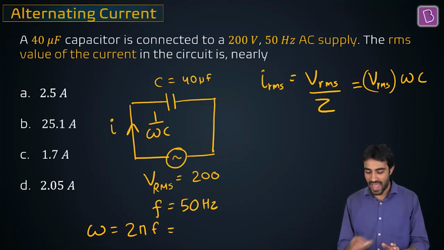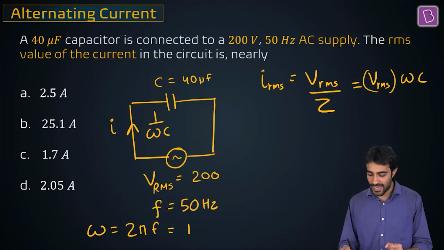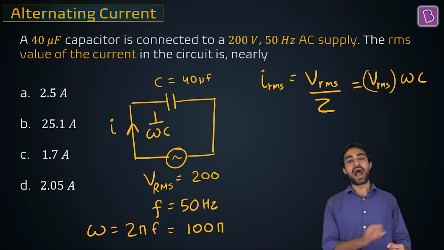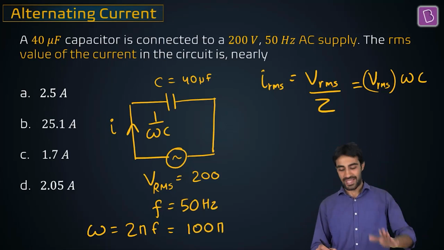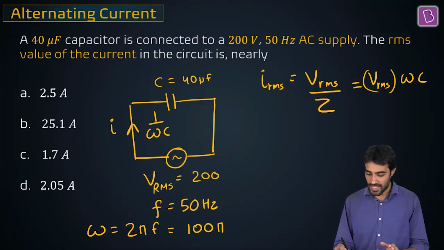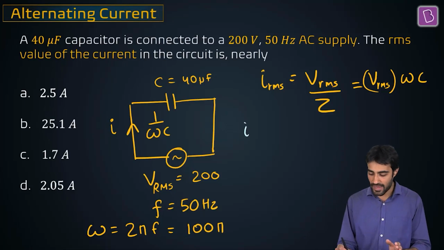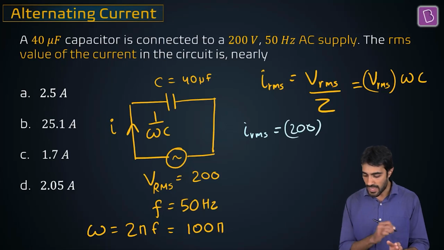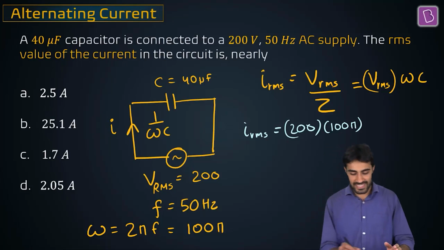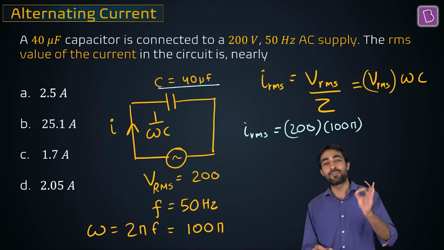And we can see f is 50 hertz. So, omega will be 100 pi, 100 pi for this question. So let's see what we are getting. IRMS is coming out to be VRMS, which is 200, times 100 pi. 100 pi is omega, and then we have to multiply it by C, and its value is 40 microfarad.